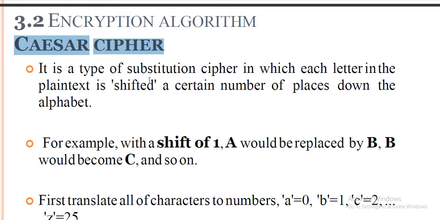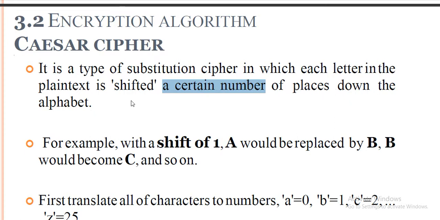It is a type of substitution cipher in which each letter in the plain text is shifted a certain number of places down the alphabet, and this number depends totally on the key given to you, from 1 to 26.